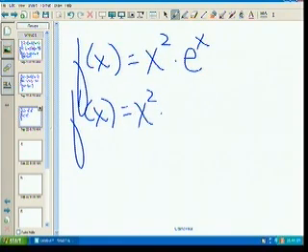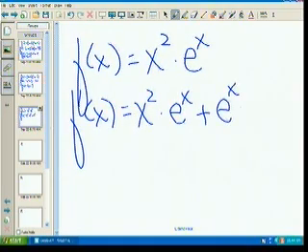I think we got that last class, right? One of the easier ones: e to the x, its derivative is itself. So that's first times derivative of second, plus second, e to the x, times derivative of first, which is 2x.